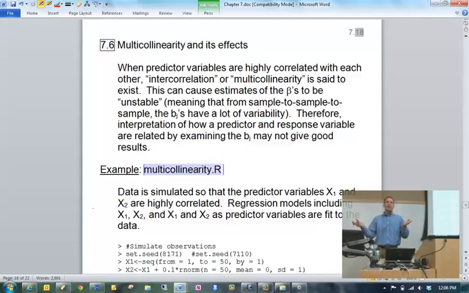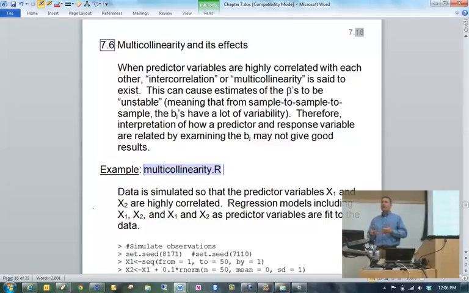Well, why would you want to include both of the variables in your model then? Well, you wouldn't. Because what x1 is telling you about the response is going to be basically just about the same as what x2 would tell you about the response. Because they're very, very highly correlated. And so we want to avoid having both of them in the model at the same time.